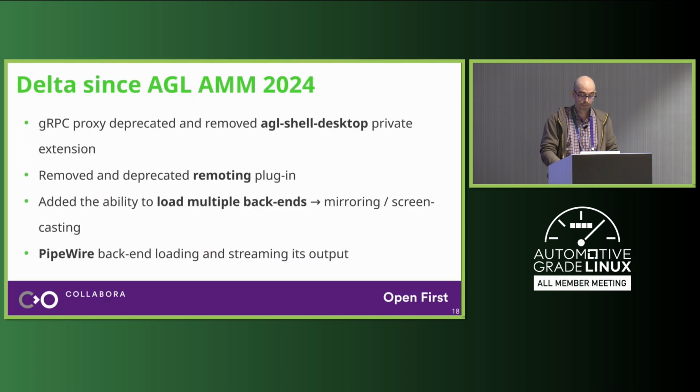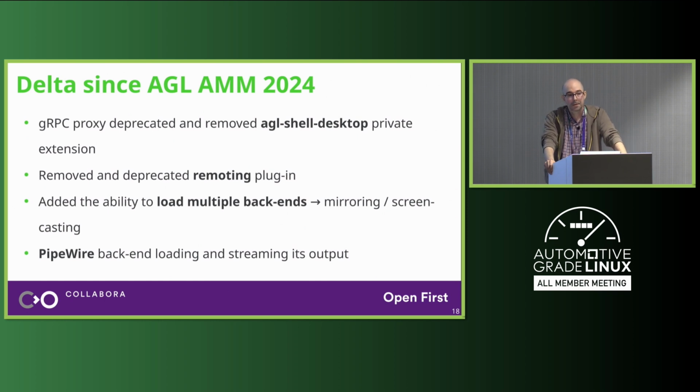In terms of what I've been doing since the previous AMM, we used to have this AGL Shell desktop private extension, which we were using for window management, and we basically removed that in favor of using gRPC, which is a gRPC proxy server, which lies between the client and the compositor. On the compositor side, it uses a Weston protocol extension.